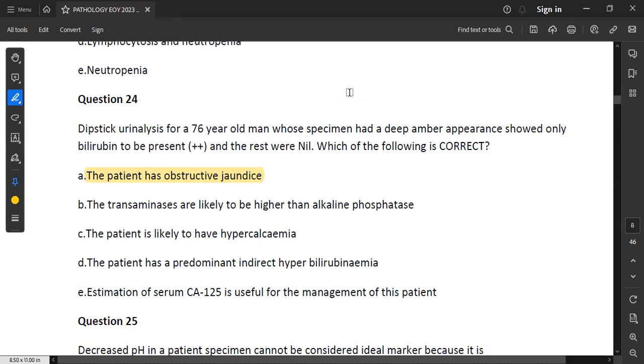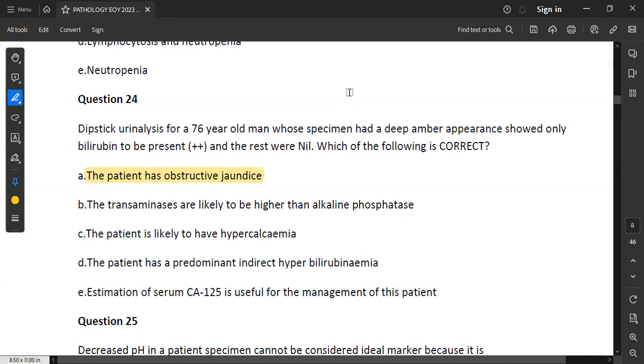For obstructive jaundice, that means it is usually posthepatic. That means in the gallbladder and bile ducts we have a constriction, and the bile is not going out properly. So that will cause increased bilirubin, as we've already conjugated it, but it can't be released as stercobilin in the feces or urobilin in the urine.